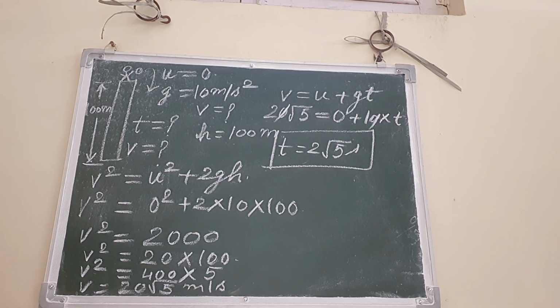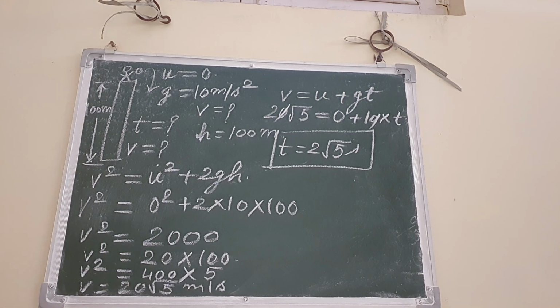And since he is dropping the ball, the initial velocity is 0, so u is equal to 0. Gravity here taken is 10 meter per second square, and we have to find the final velocity with which the ball touches the ground, that is v. Also we have to find the time t taken in the journey of the ball when it reaches the ground.